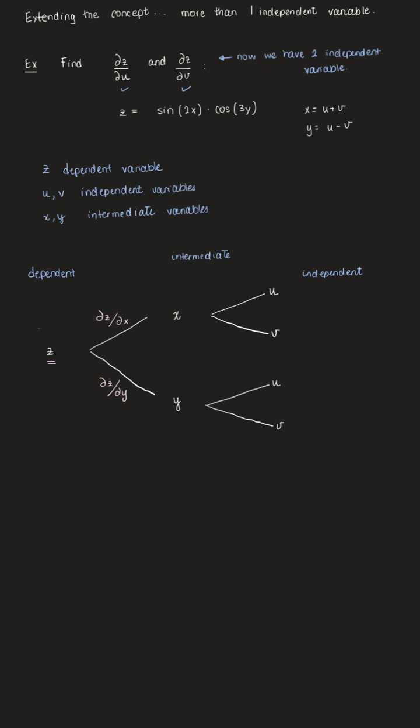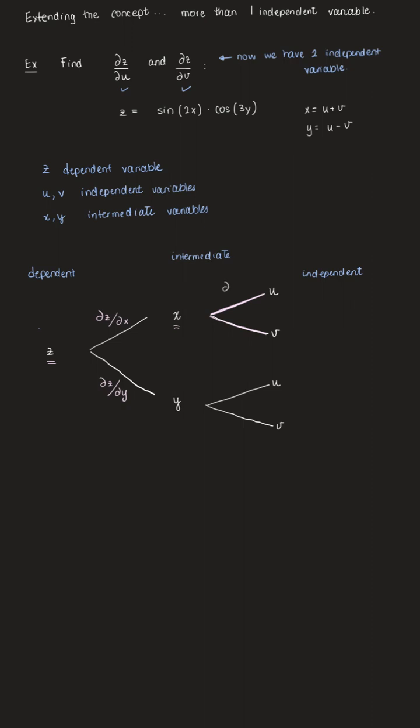Now, if we look at the intermediate variables, you can see again here, if we look at x, that changes in x also come from two independent variables, from u and v this time. And so when we think about what derivative will go in each of these two branches, they have to be partials, because a change in x is coming from changes in u and changes in v.